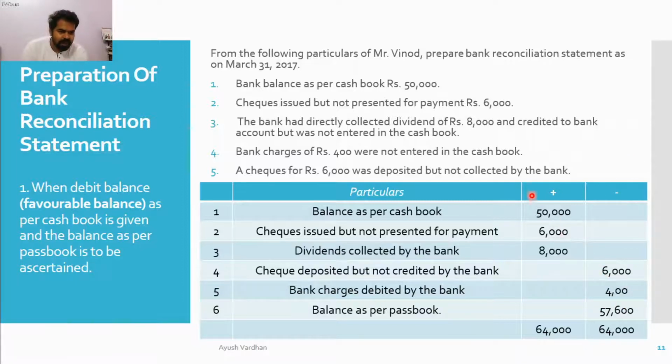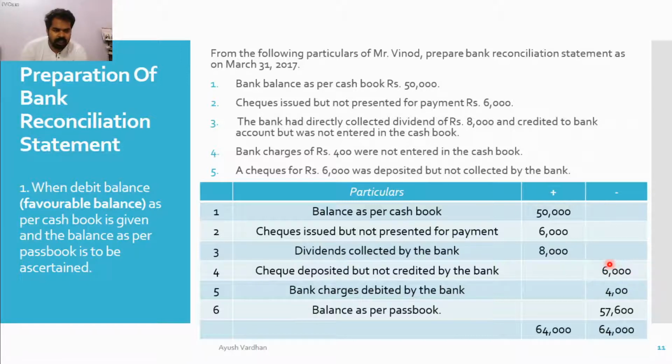Okay. Now then what we'll do? We will do a total of both the sides. We will do a total of what we have in the positive, that comes to 64,000. Okay. So we will put the 64,000 on both sides. Then we will minus this 6,000 from 64,000.